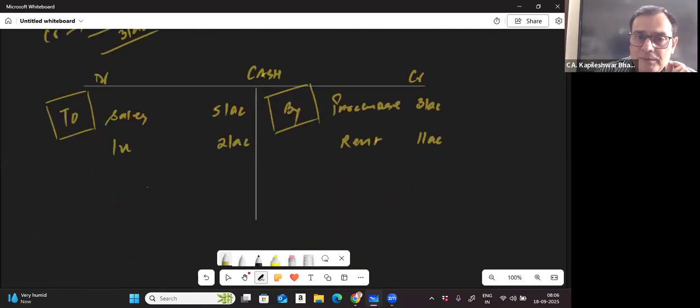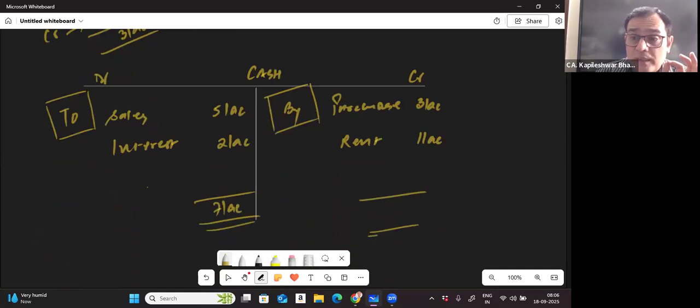Now you can see the same thing which we did manually is exactly what we're doing out here. We're organizing the items in the ledger and it is going to classify everything at one place. Now, if you take the total of the debit side, it is 7 lakh and the total on the credit side is 4 lakh, but we take the total whichever is greater, the debits or credits.